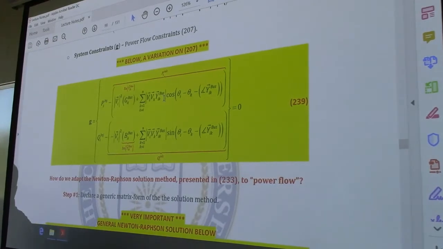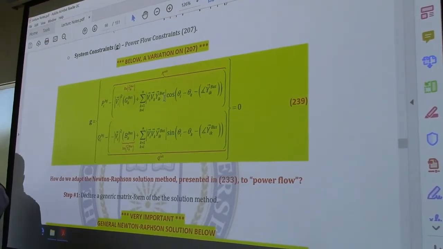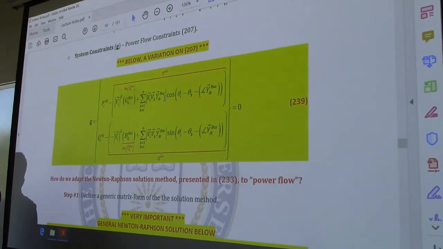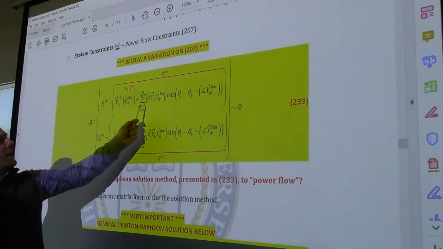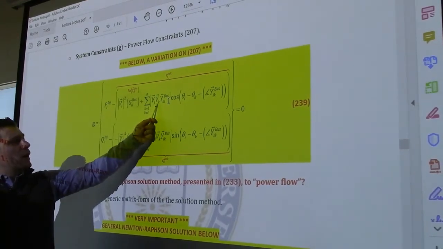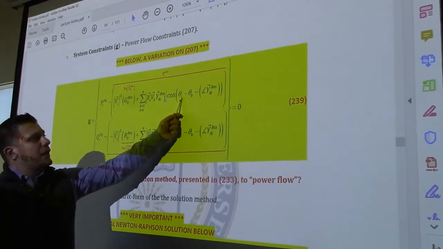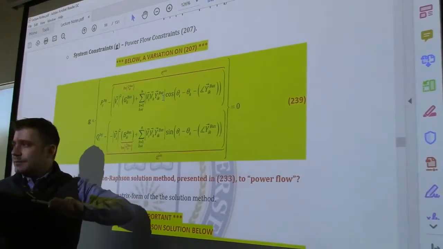Bus number 2 is connected, if I remember correctly, to bus 1 and bus 4. So that means that we'll have V2, V1, Y21, cosine theta 2 minus theta 1 minus the angle of Y21 bus.